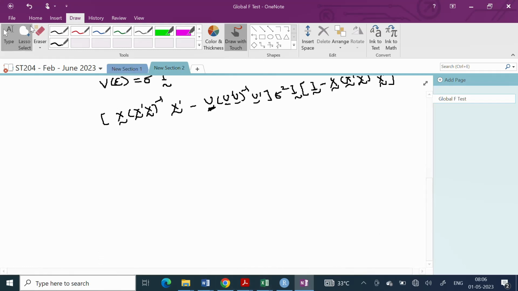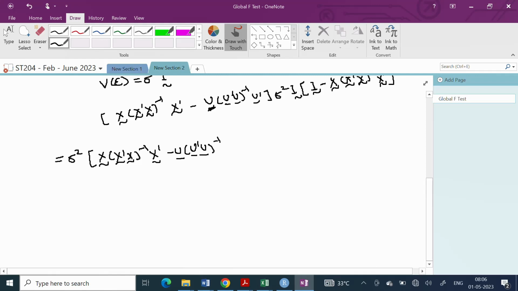Now sigma square is a constant, so I can take it outside. It's not a matrix. Then I'll be left with X (X prime X) whole inverse X prime minus u (u prime u) whole inverse u prime into identity matrix minus X (X prime X) whole inverse X prime, because this identity matrix will go away.